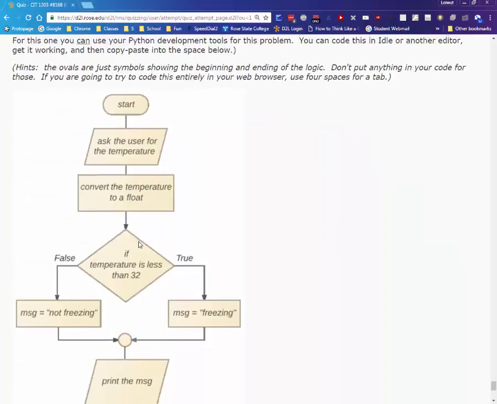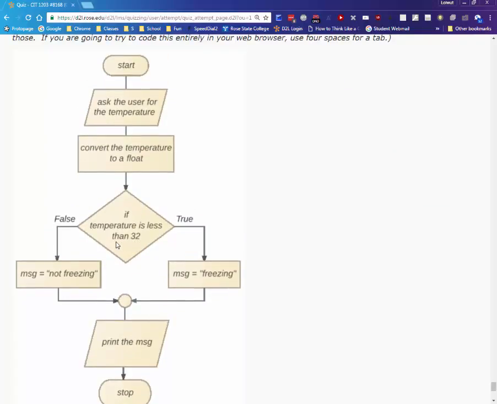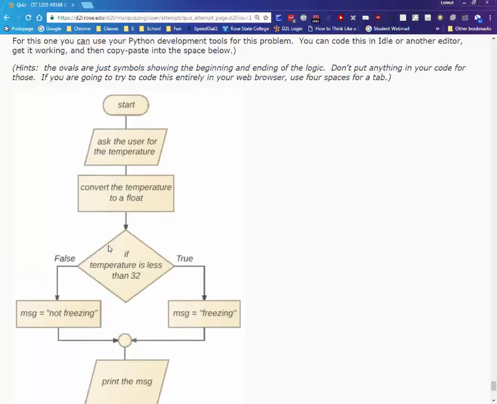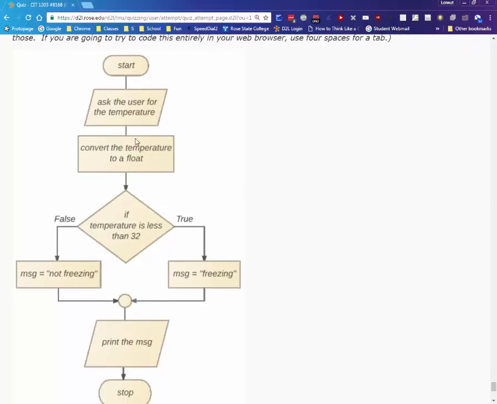Okay, here I gave y'all points even if you didn't quite do what I wanted it to do. I wanted you to implement this as it was written, so that if the statement was true, we would create a variable called message and set it equal to this value. Else, we would set that string equal to something else, and then we would print that out.